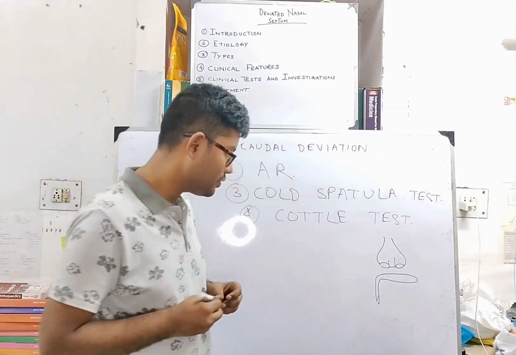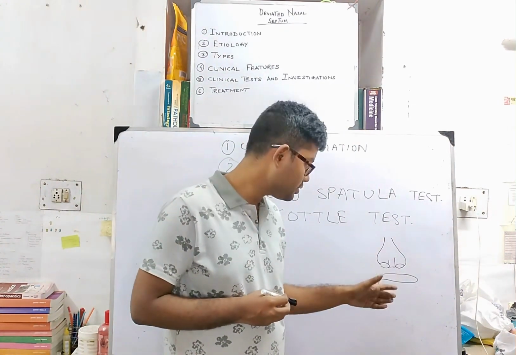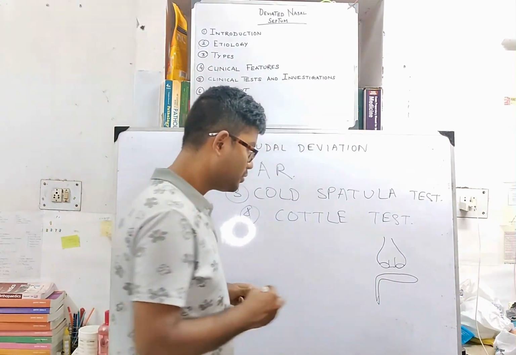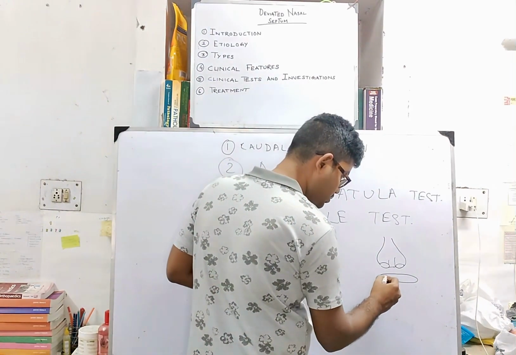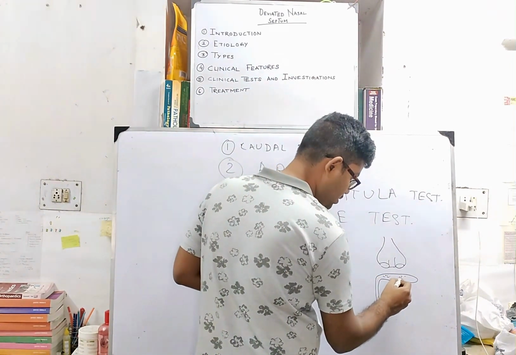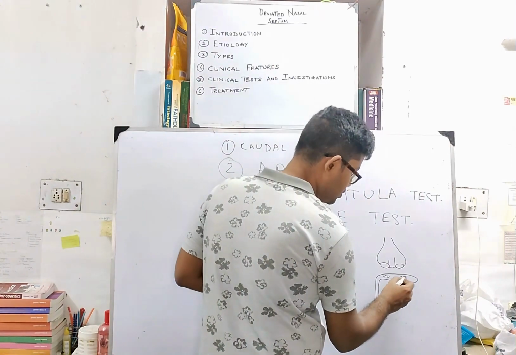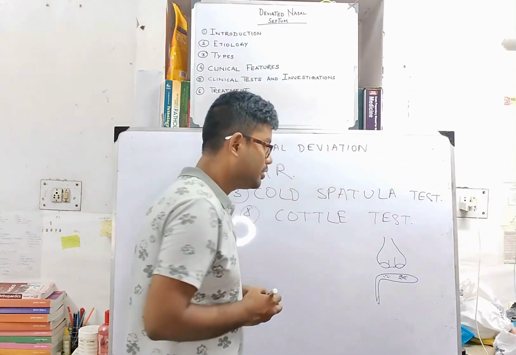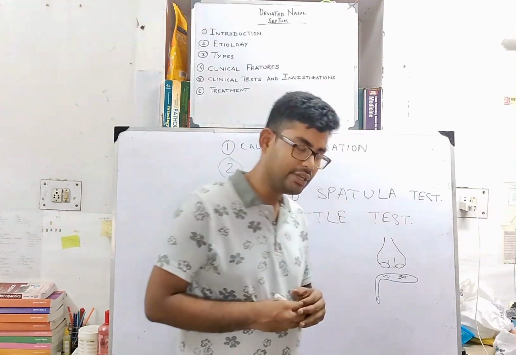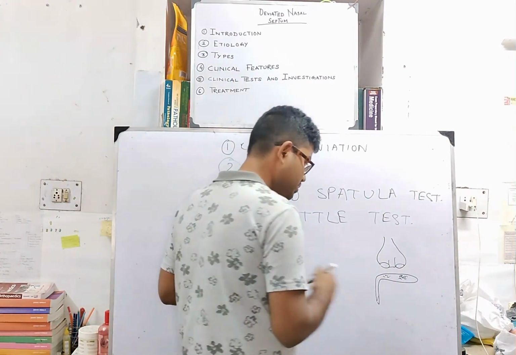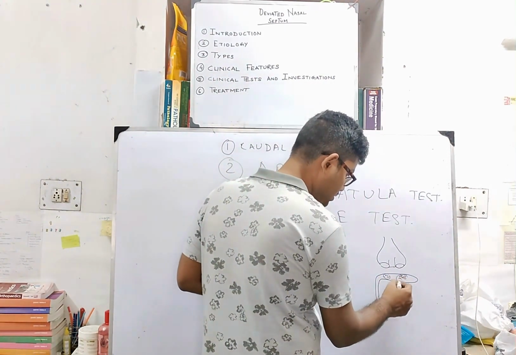Whenever the patient is breathing out, since this is a cold instrument, there will be mist formation in front of the two nostrils. Whenever there is a reduction in airflow on one side, the mist formation on that side will be less than the other.